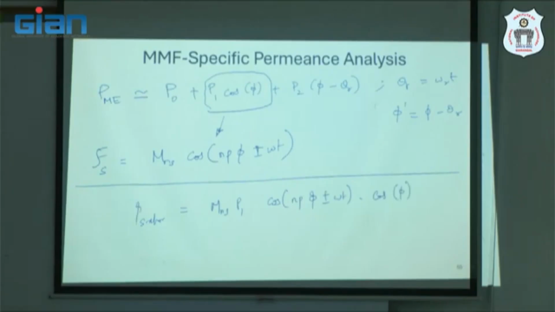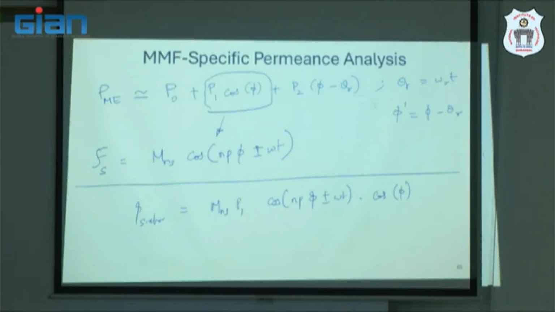What is the function cos A cos B? Trigonometric identity. Anybody remembers? Cos A cos B is cos of (A plus B) by 2 plus cos of (A minus B) by 2.